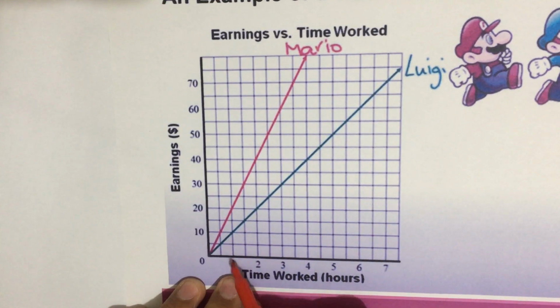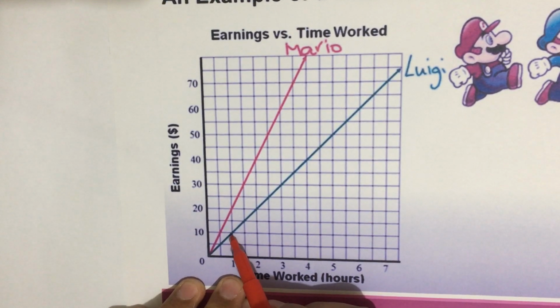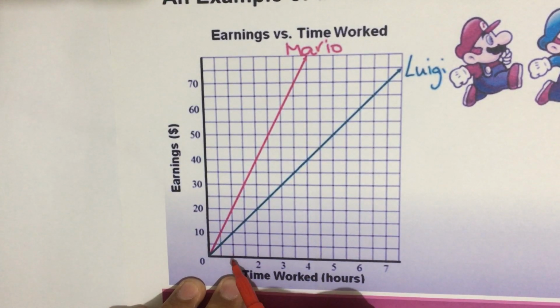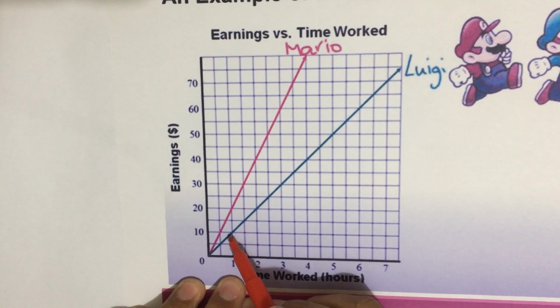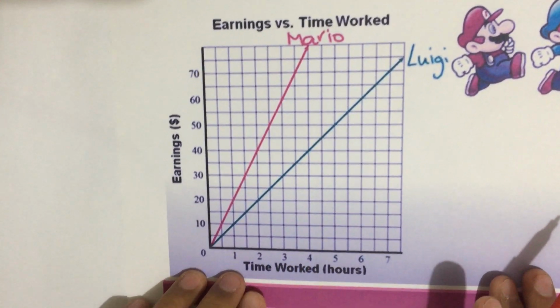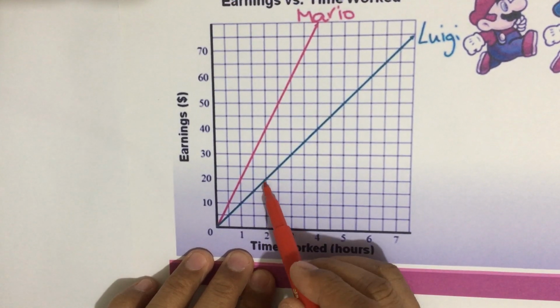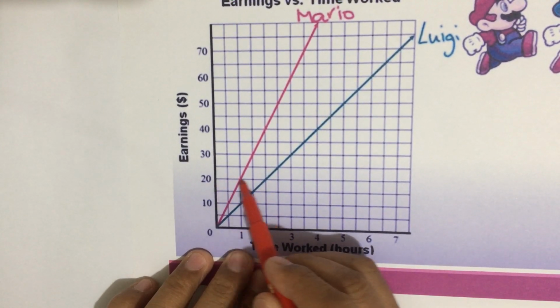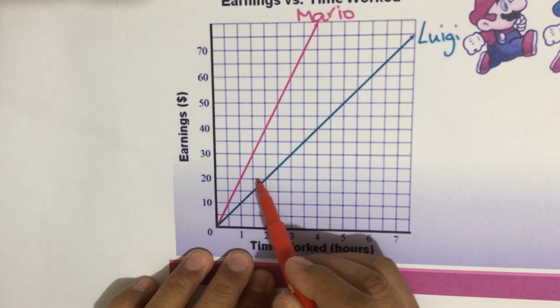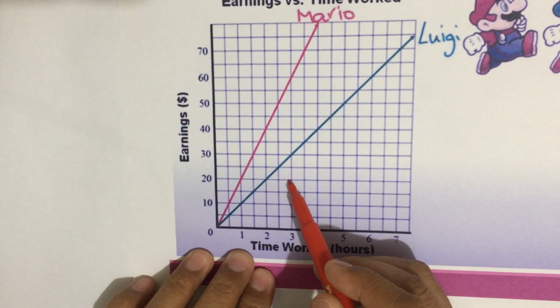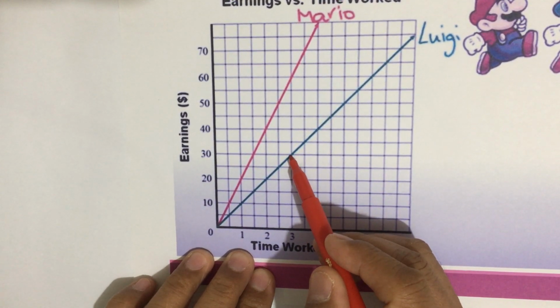his first hour was only $10, right? So 1 hour, the first hour, is equivalent to $10. And for 2 hours, Luigi earns only $20. And as you go on to 3 hours, he earns 30.